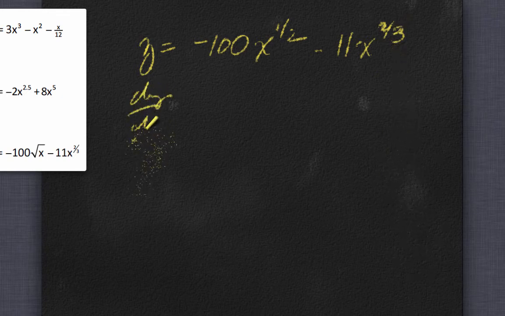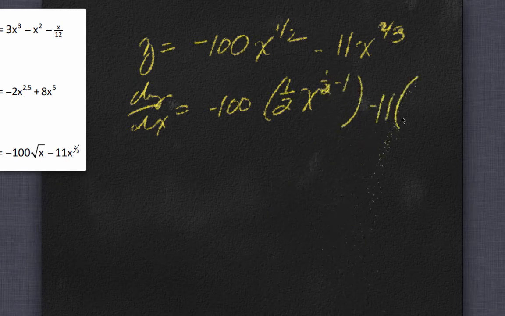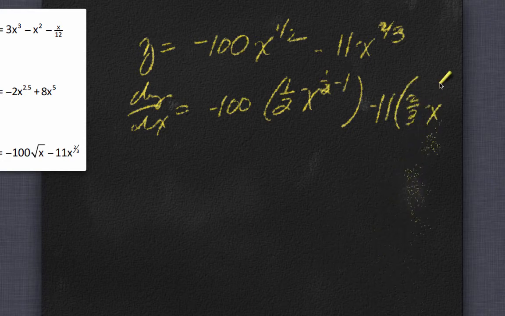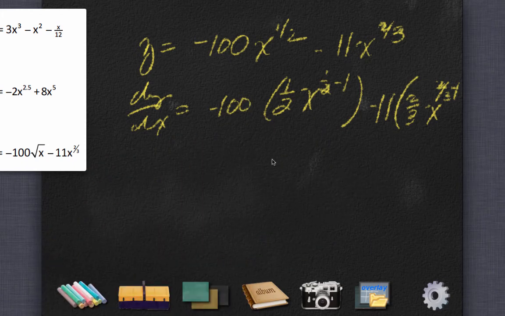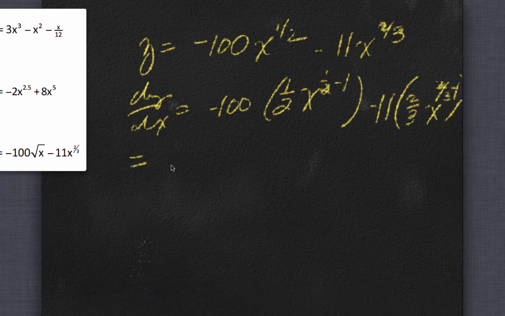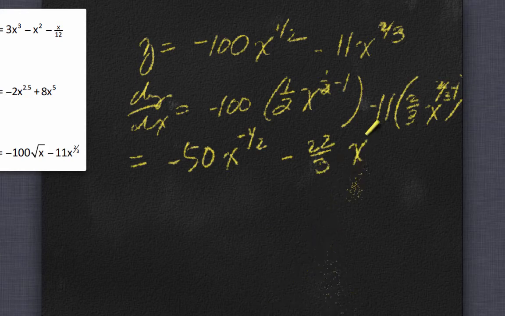Okay, so dy dx equals, leave the negative 100, 1/2 x to the 1/2 minus 1, minus 11 times 2/3 x to the 2/3 minus 1. So this together is minus 50 x to the negative 1/2 minus 22/3 x to the minus 1/3.